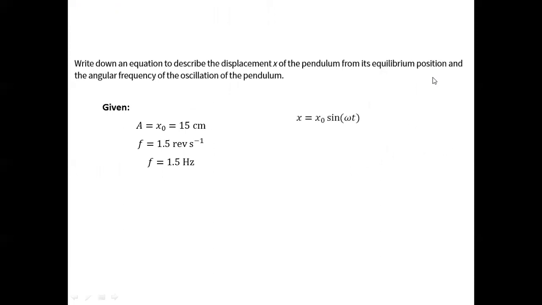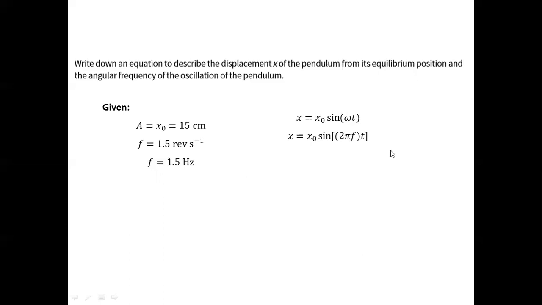So let's use sine. Let's use this equation, x is equal to x sub 0 sine omega t, where x is the displacement at a given time t, x sub 0 is the amplitude, and omega is the angular frequency. The angular frequency can be rewritten as 2 pi f.